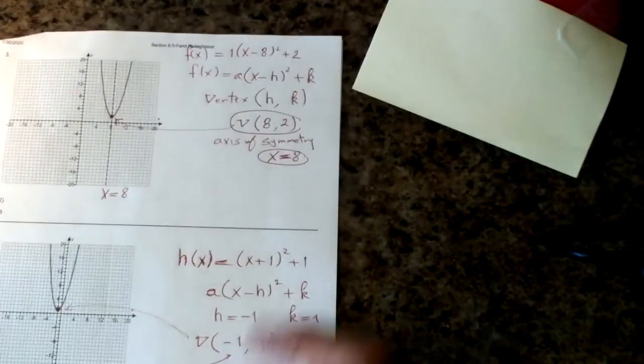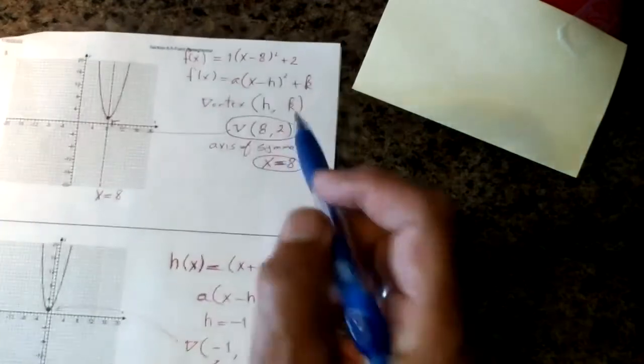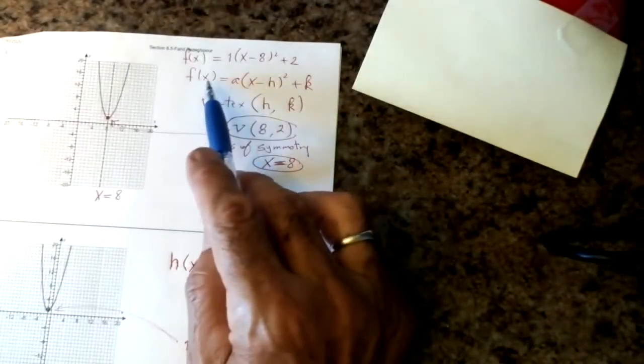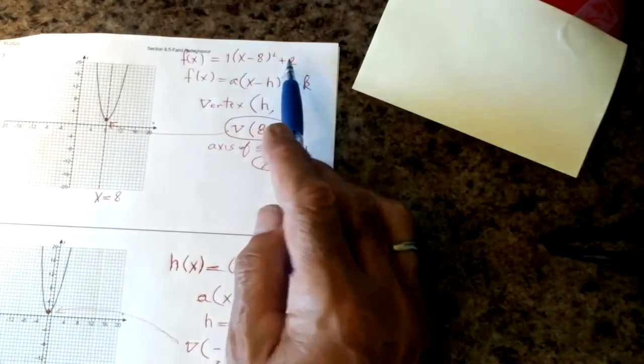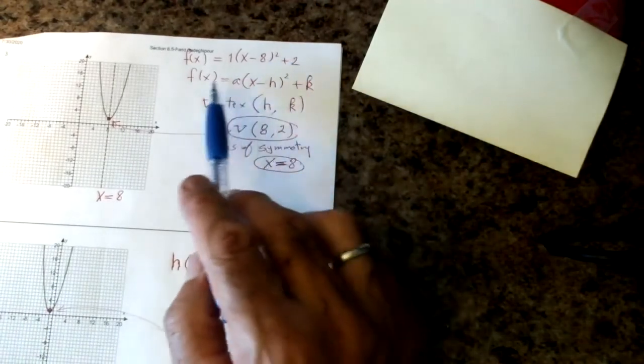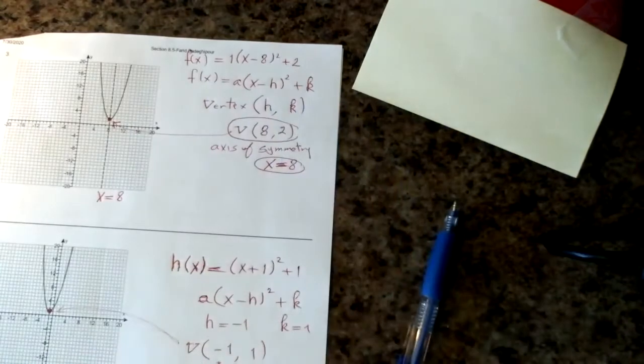Now for this one, f of x and y are the same thing, by the way. It is x minus 8 to the power of 2 plus 2. For that reason, that reminds me of this equation, because it has a parenthesis that is to the power of 2. So I write a general equation.